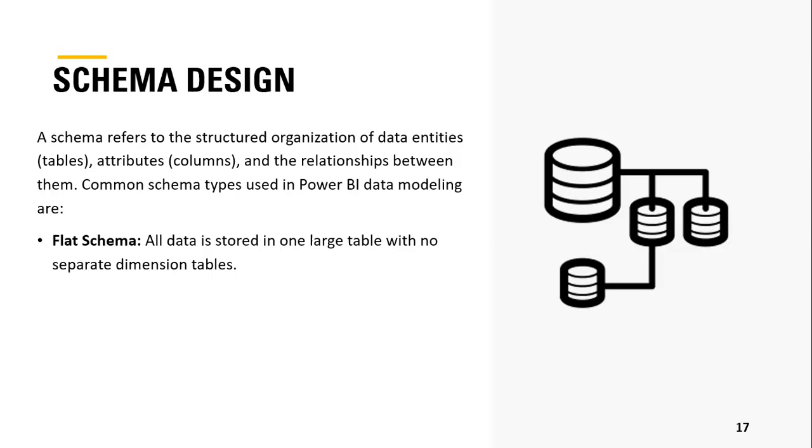Most of the data you are working with is in one table. Most of the data you work with at this stage, we call it a flat schema. So you do not need to establish a relationship.